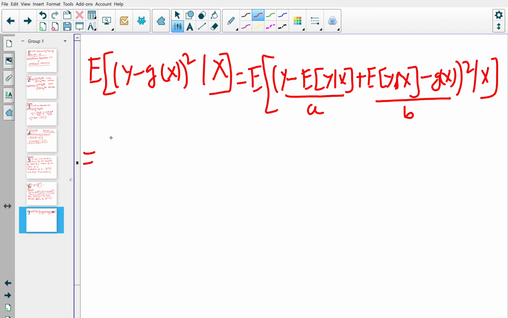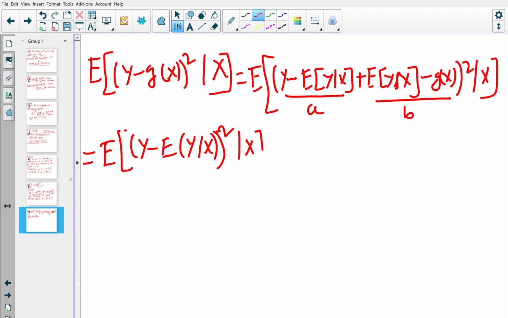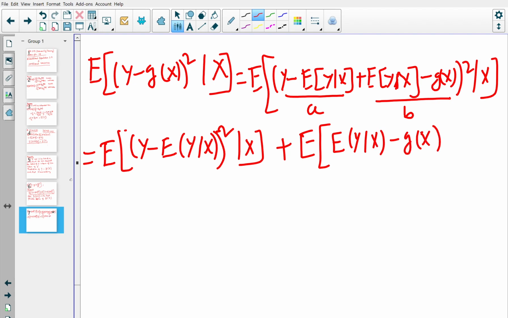With that formula, the first term is the expectation of (y minus the expectation of y given x) whole square given x, that is a square. Then b square is the expectation of (the expectation of y given x minus g(x)) whole square given x.